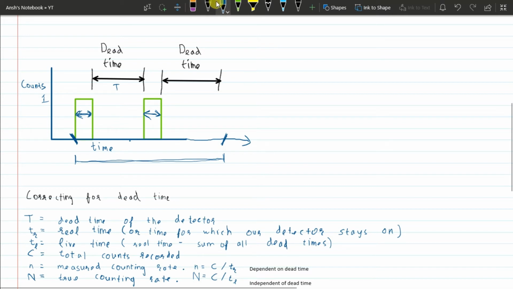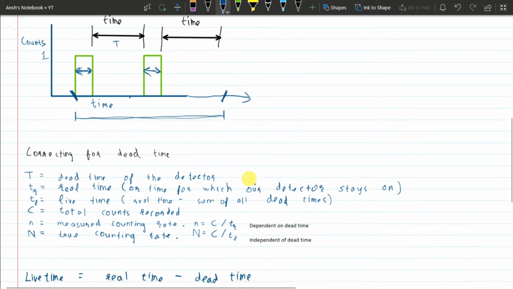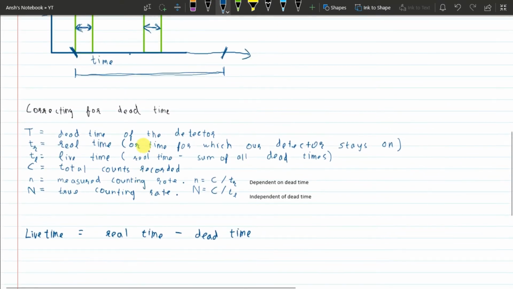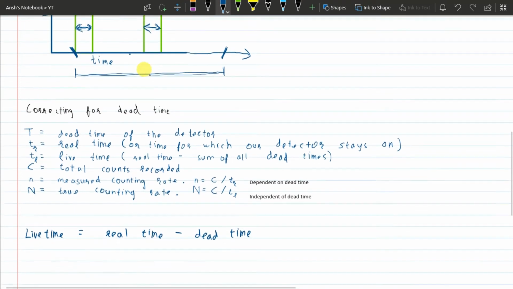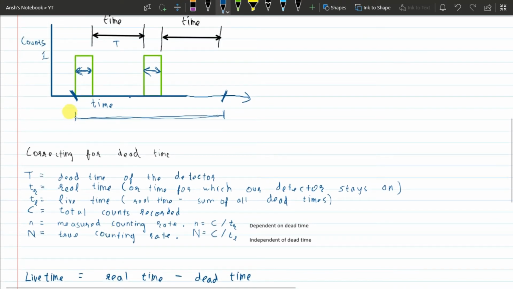Now I'll continue. We'll establish some relations between these variables, and then we'll go on calculating the dead time. To start with this derivation, we'll start with an observation I made during the definition of these variables. The lifetime, which is the sum of the duration of these green bars right here, is equal to the real time, the entire time duration right here, minus the dead time, which is the black bars right here.